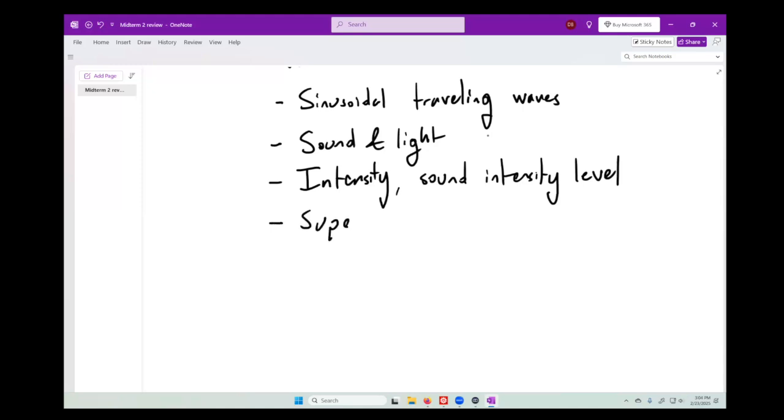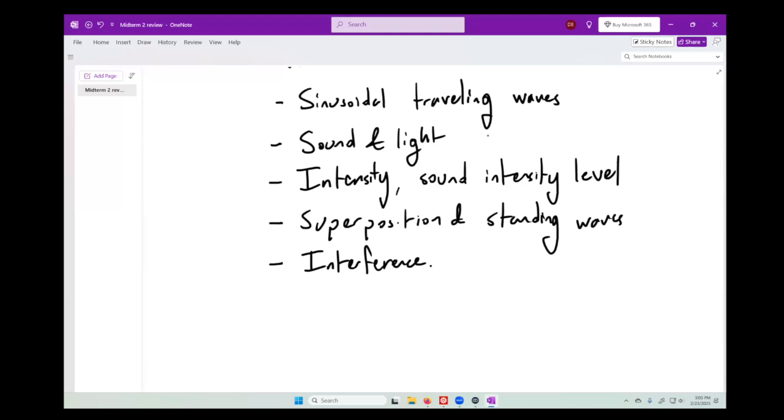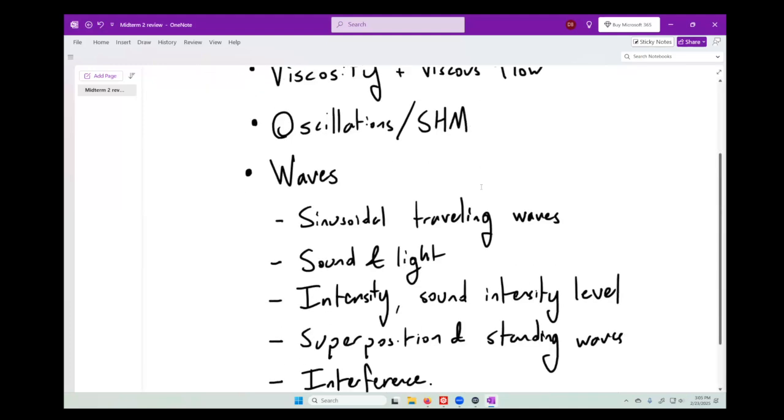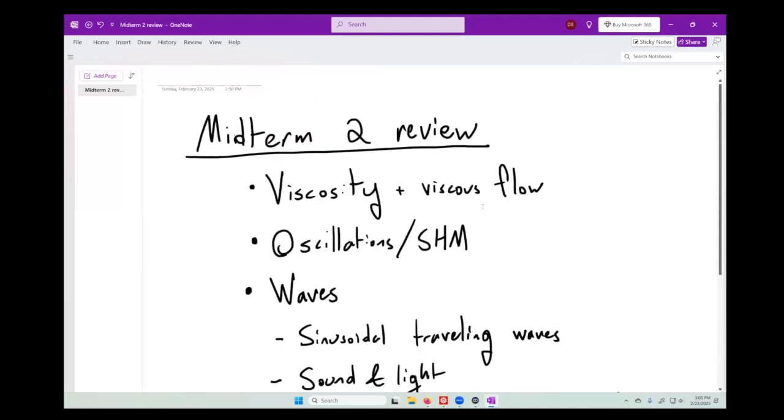And then superposition and standing waves. And finally, interference. Okay, so that's very broadly all the topics. Let's go through everything one by one.